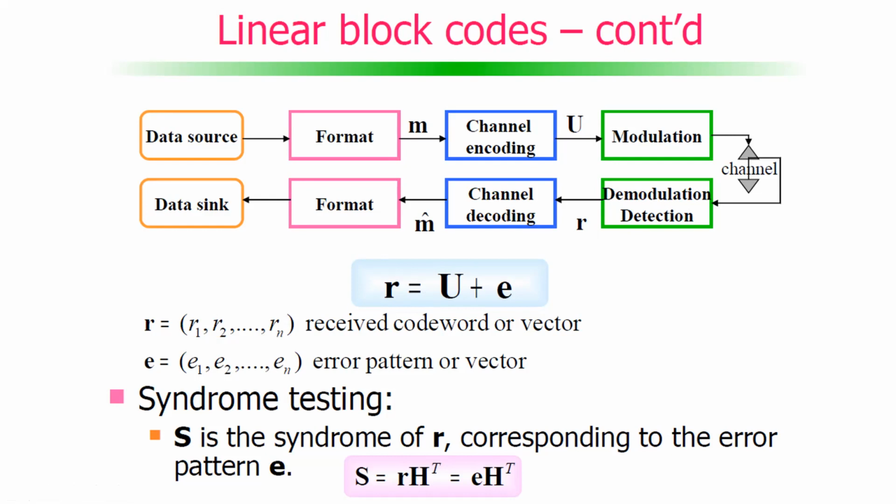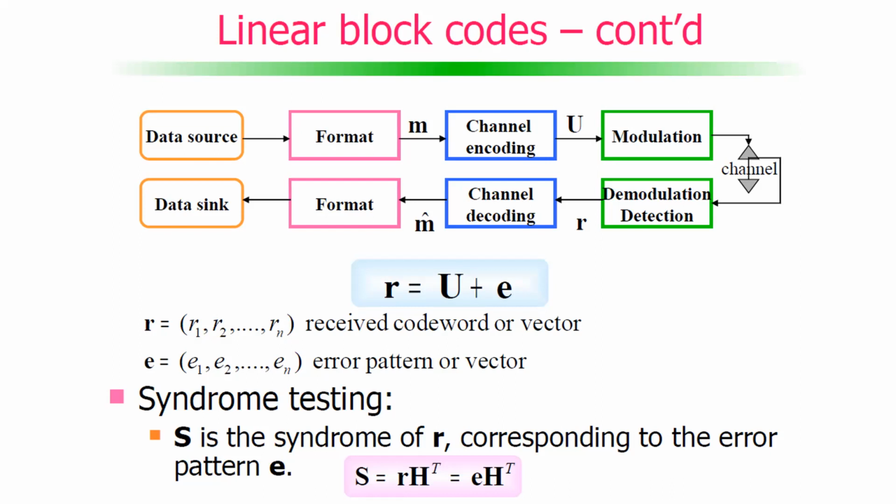So how can I represent R? R is equal to U, which was transmitted, plus the error vector, meaning the bits that are in error. If a bit was 1 at the transmitter, we will receive it as 0 at the receiver, and if any bit was 0, we will receive that bit as 1.